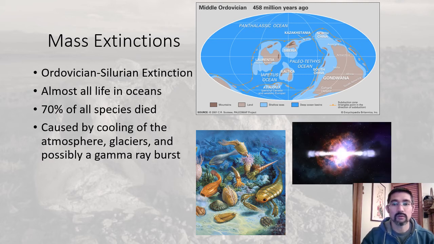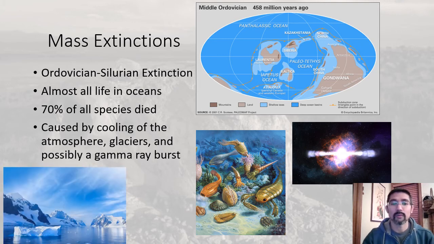Here's a picture of, oh, actually I've got these in the wrong order. Gamma ray burst, and next is a picture of glaciers and of a frozen Earth. Now, I talked about this briefly during our unit on astronomy, but more and more the evidence for a gamma ray burst is increasing, and let me explain why.